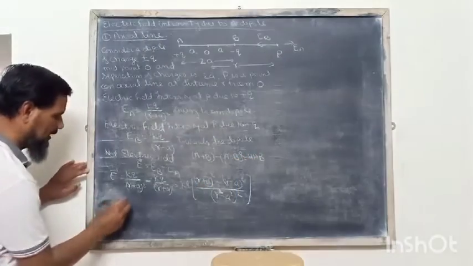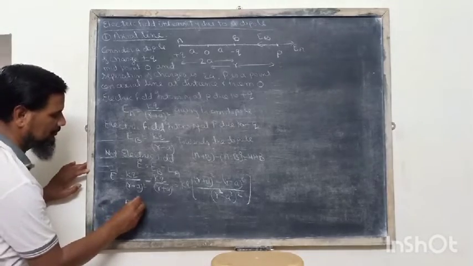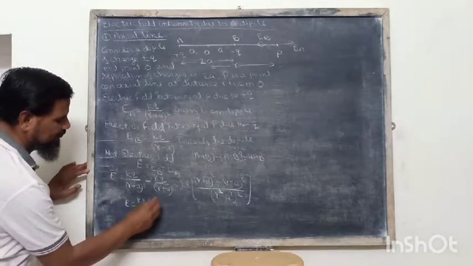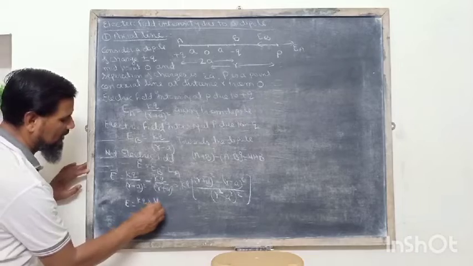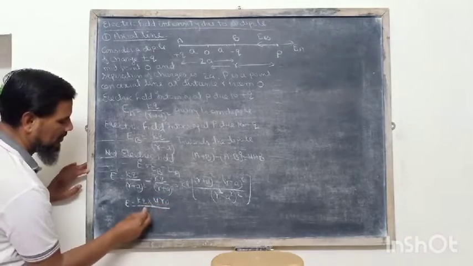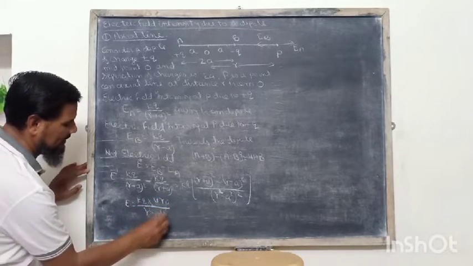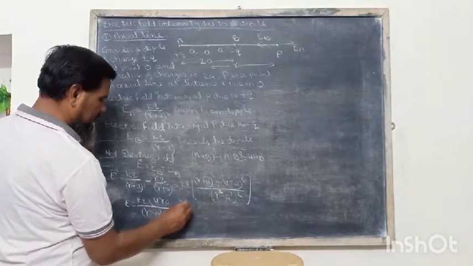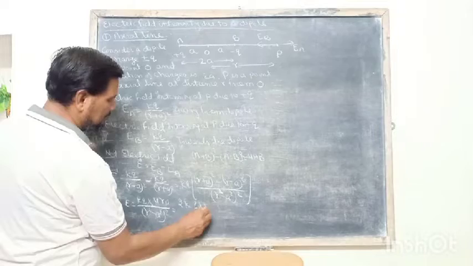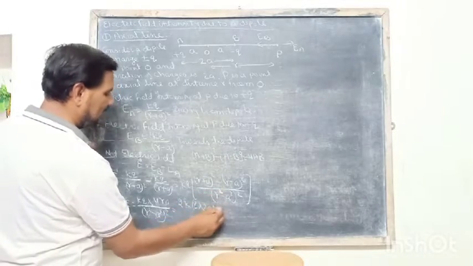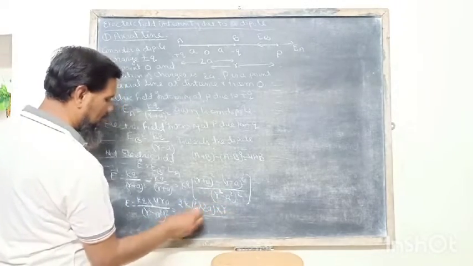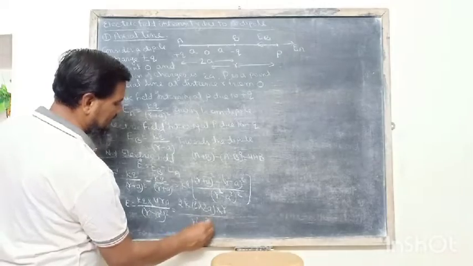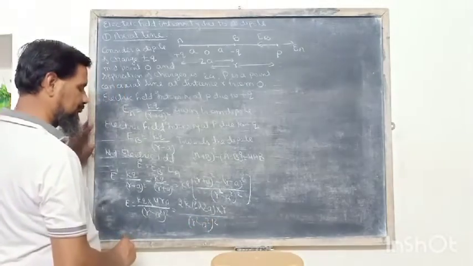According to this formula, E is equal to KQ into 4rA upon (r square minus A square) whole square. We arrange these values as Q into 2A, into 2r upon (r square minus A square) whole square.